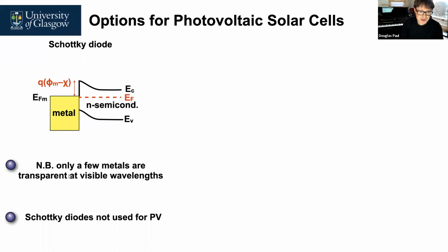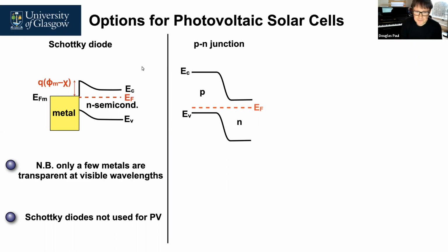Now the problem is there's only a few metals that are transparent at the wavelengths of interest, and in fact these are not very efficient because it's a small electric field, and so Schottky barriers are not really used for photovoltaic solar cells.